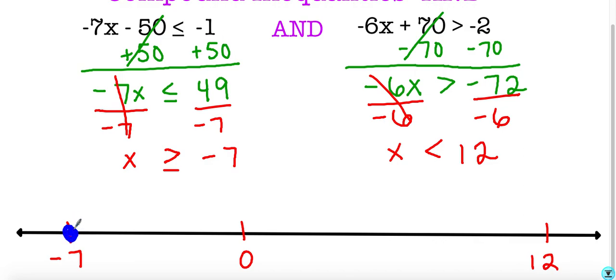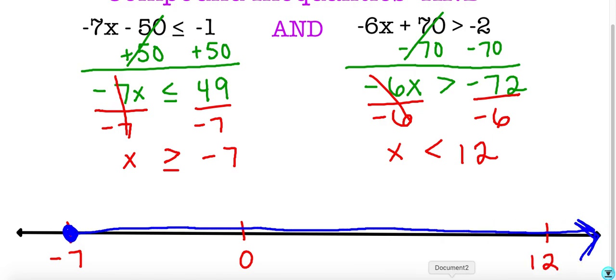And because x is greater than, we're going to shade to the right. And I'm going to try to shade that as straight as possible. Okay? And now for our second inequality, x is less than 12. 12 is not included, so it's an open circle, and because x is less than, we shade to the left.